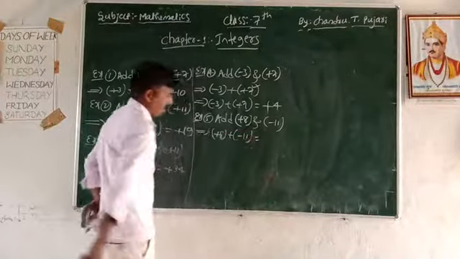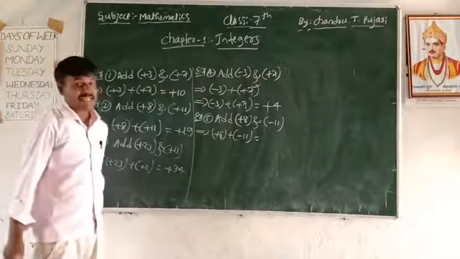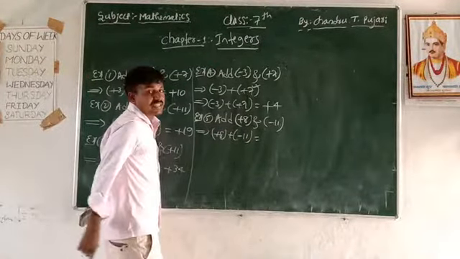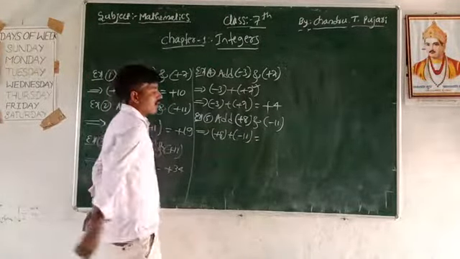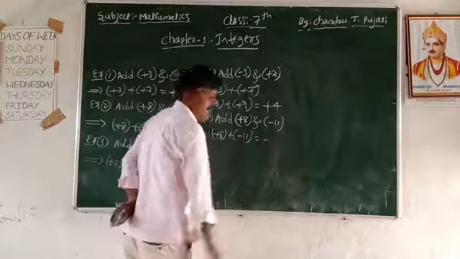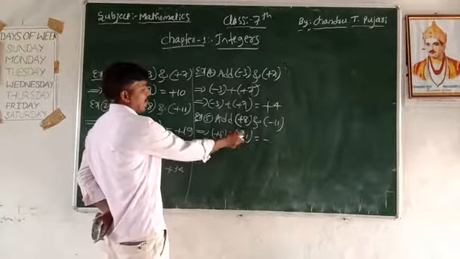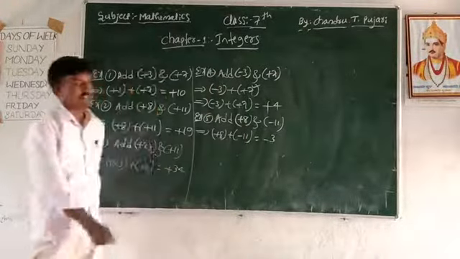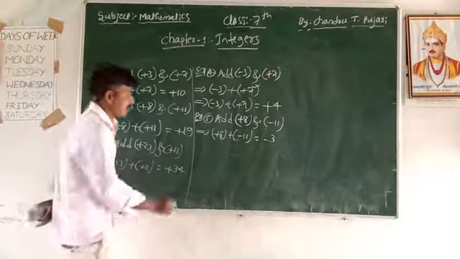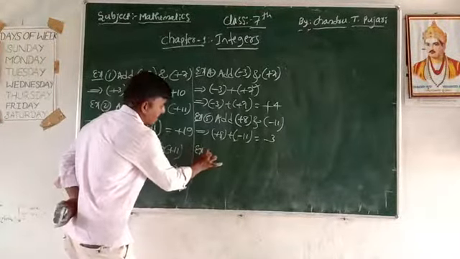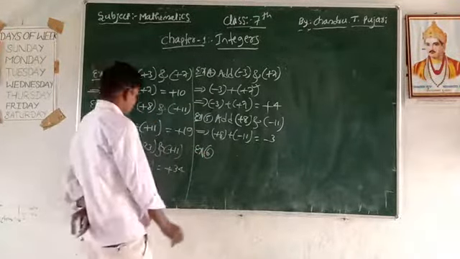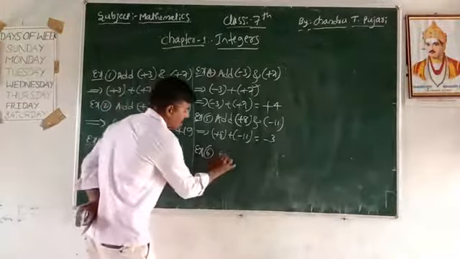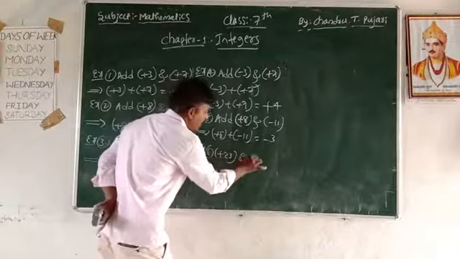Again the second rule, the opposite signs are here. Which integer is more? 11 is more, and that 11's sign is minus. Therefore, 11 minus 8 is only 3. The answer is minus 3. Example number 6. The next one is what? 23 and 11 is there. Therefore, plus 23 and add.